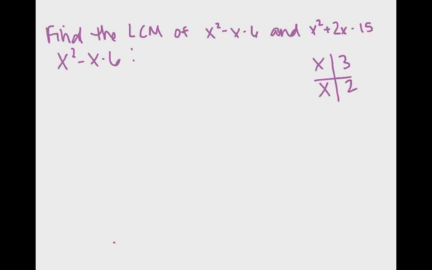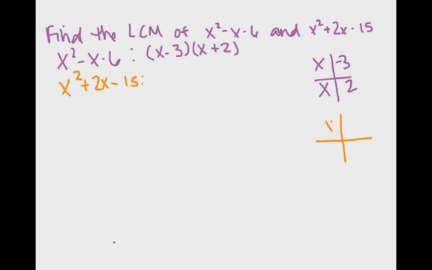We know that one of them has to be negative to get our negative 6, and since the x in the middle is negative, that means our bigger number has to be negative, so it's going to be a negative 3. So we have x minus 3 and x plus 2. Okay. And then we are going to do that same thing. We're going to factor our x squared plus 2x minus 15.